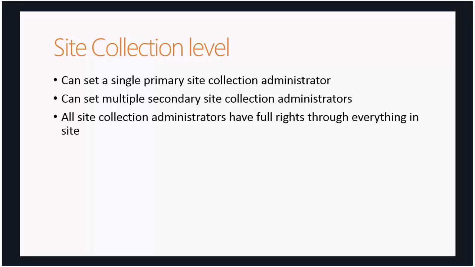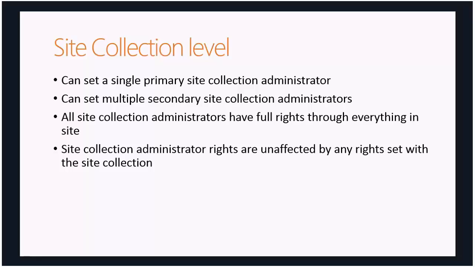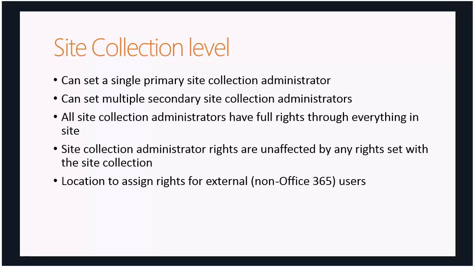And again, no matter what rights are changed within the actual site, the site collection administrator retains full rights. So if you need to take full control of the SharePoint site, or a user needs to take full control, the quickest way to do that is to make them a site collection administrator.